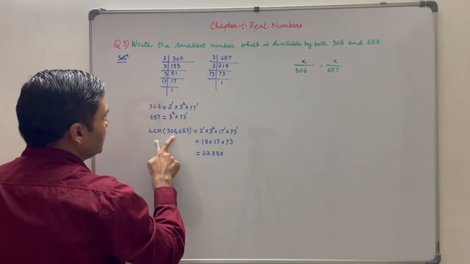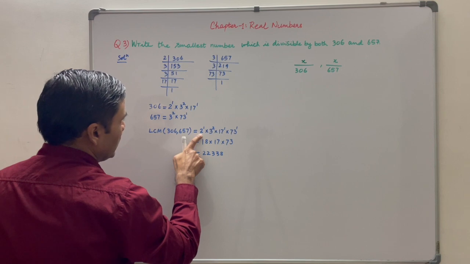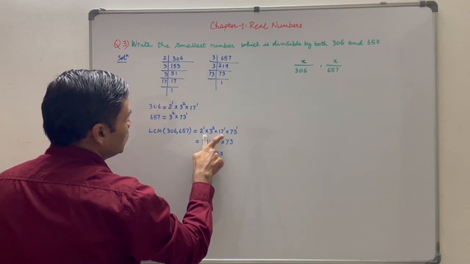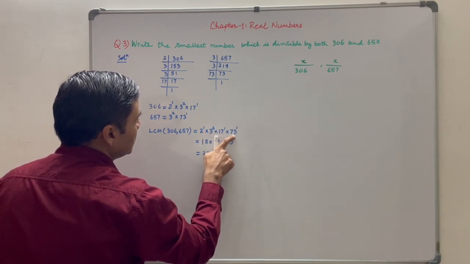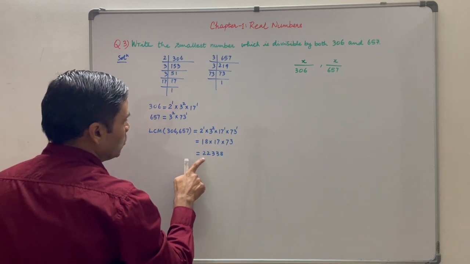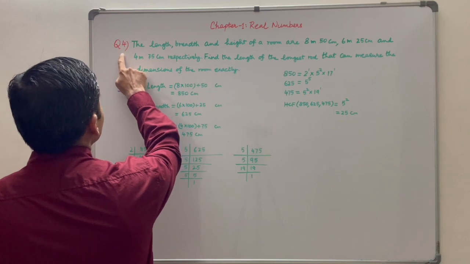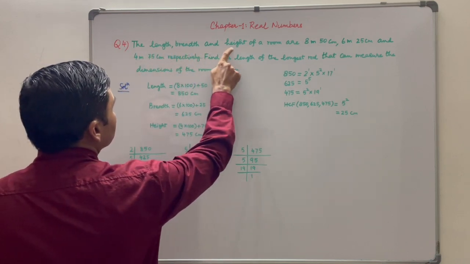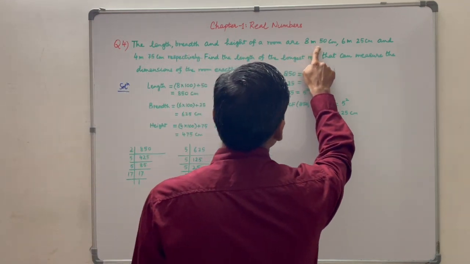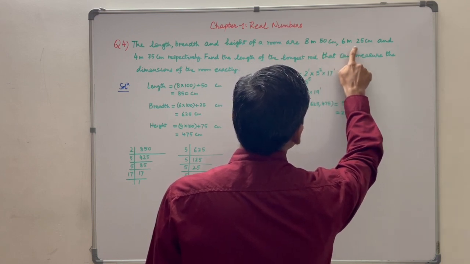So the LCM of these two numbers will be 2 to the power 1 into 3 to the power 2 into 17 to the power 1 into 73 to the power 1, and that will come out to be 22,338.